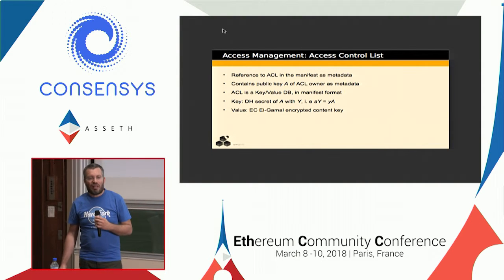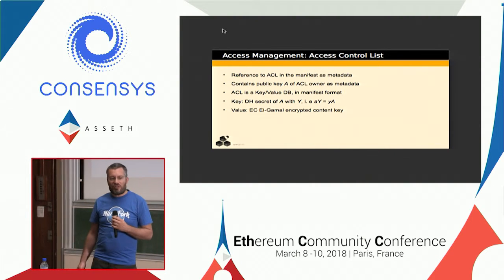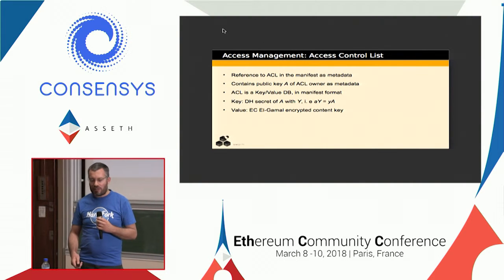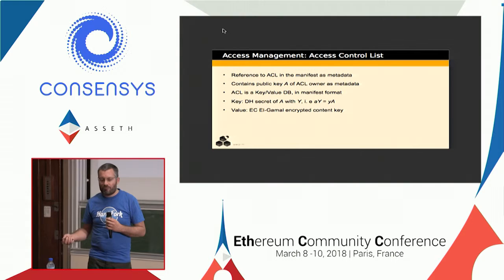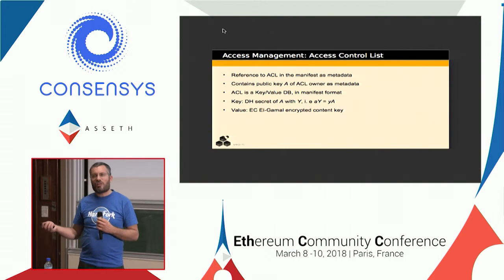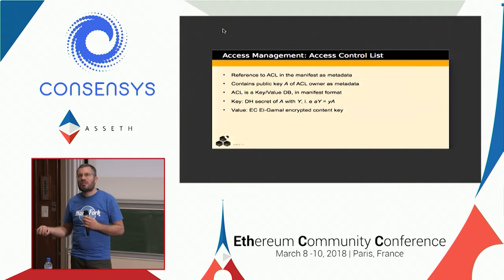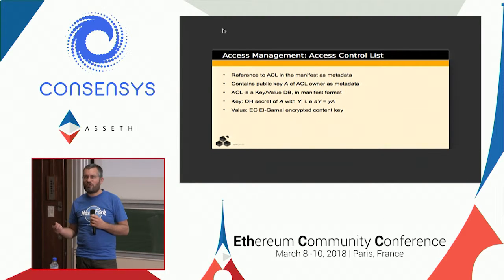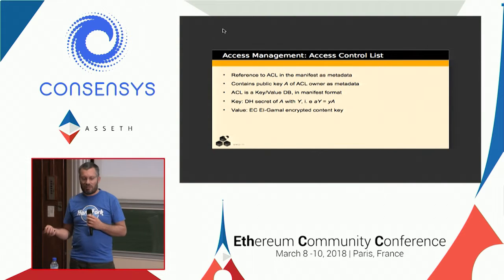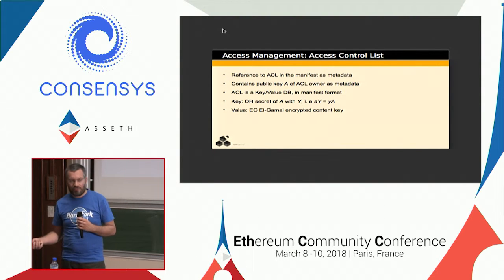And the key is a Diffie-Hellman shared secret of the owner of the manifest together with the public key of the permitted party. Why do we do this? We do this so that a party that has access to a manifest can very quickly retrieve the encrypted secret key.